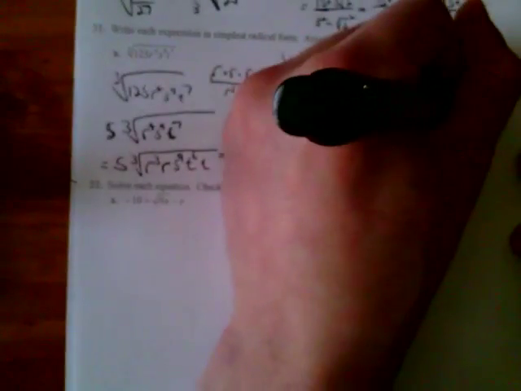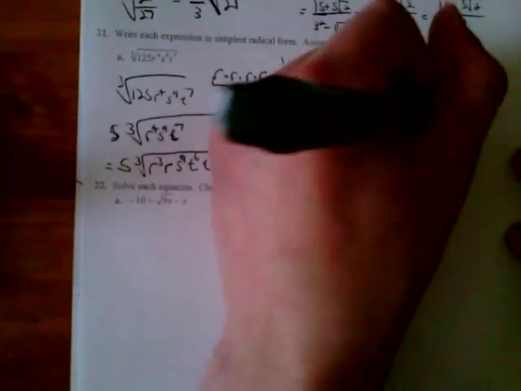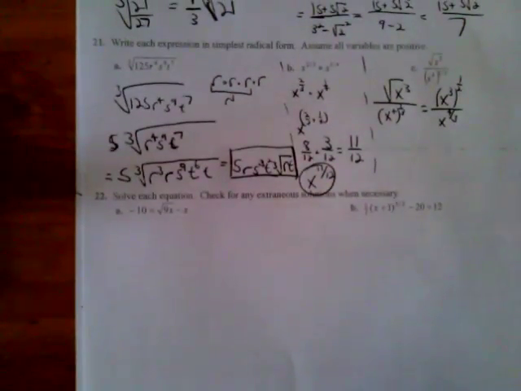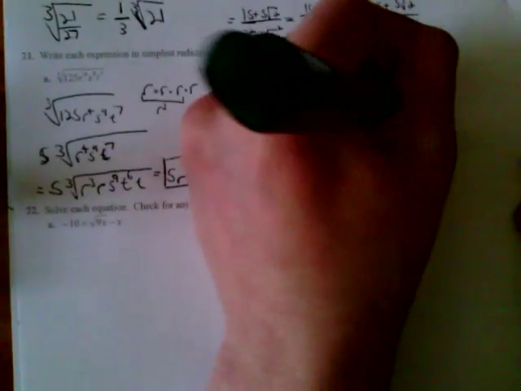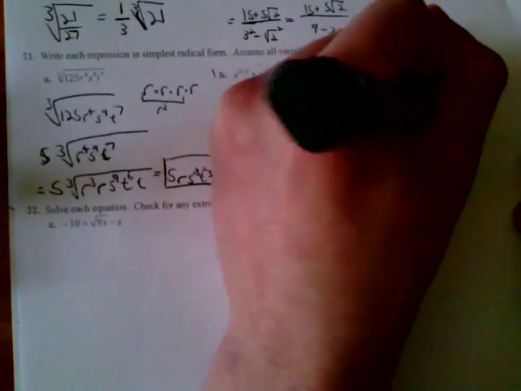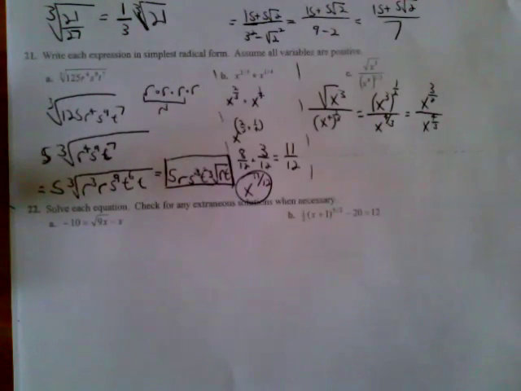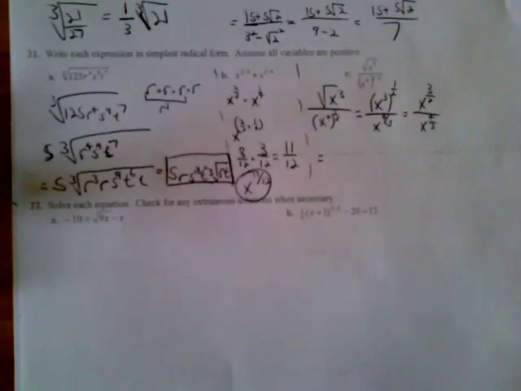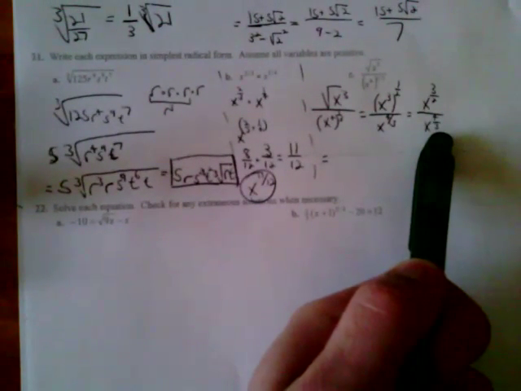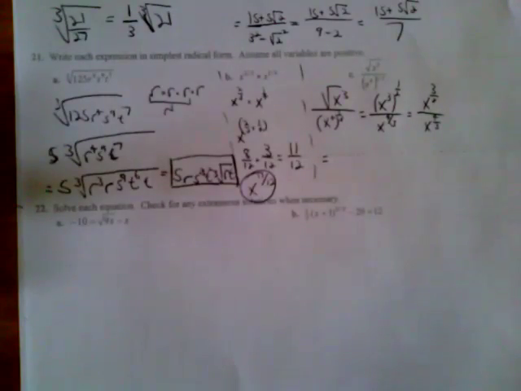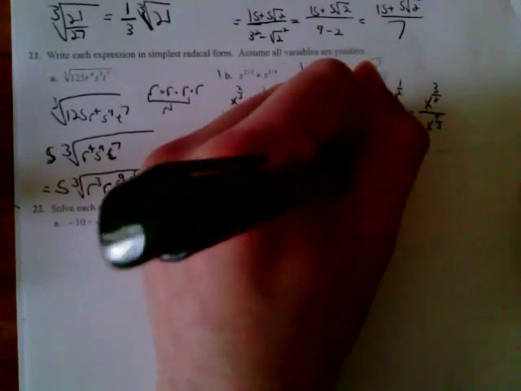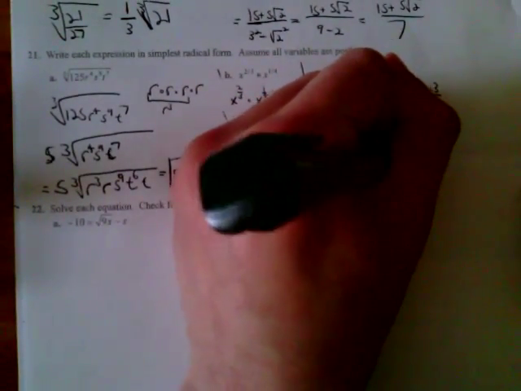Meanwhile, on the bottom, x to the 4th to the 1/3 is equal to x to the 4 over 3. So we get x to the 3 over 2 over x to the 4 over 3. Because x to the 4 over 3 is on the bottom, we can flip it on top and make the exponent negative. So that's x to the 3 over 2 times x to the negative 4 over 3.